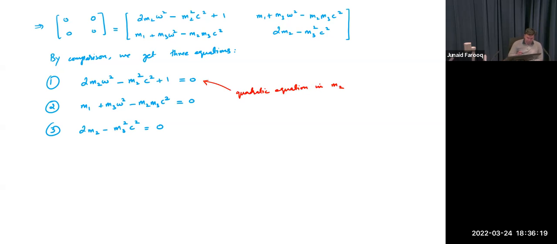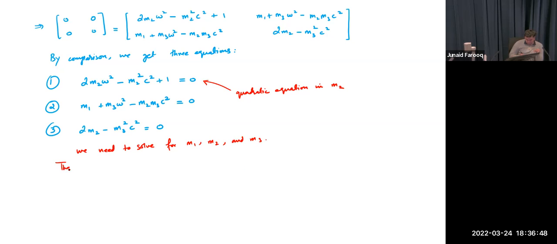Right, so you have M2 and then M2 squared and then constant. So probably what you can do is solve that quadratic equation to at least obtain the value of M2. So from these three equations, we need to solve for M1, M2, and M3.